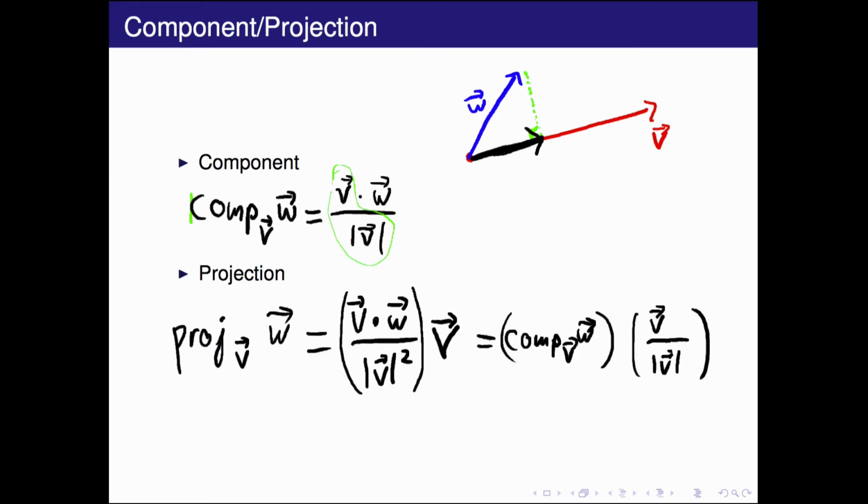Now, I think it's probably better just to keep this formula in your head. But if you have a hard time with it, you can remember this formula as well.